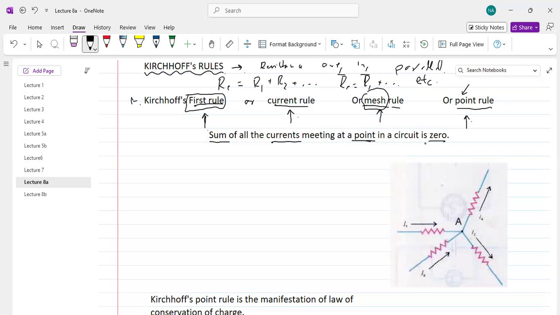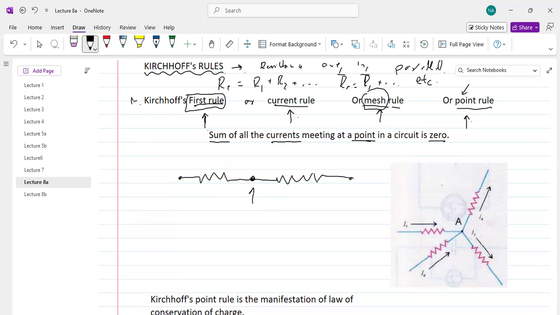currents meeting at that point. For example, we consider a circuit, a very simple circuit in this way, for the sake of simplicity. And here is a point which we consider as a mesh point, or a point at which we want to talk about the current.